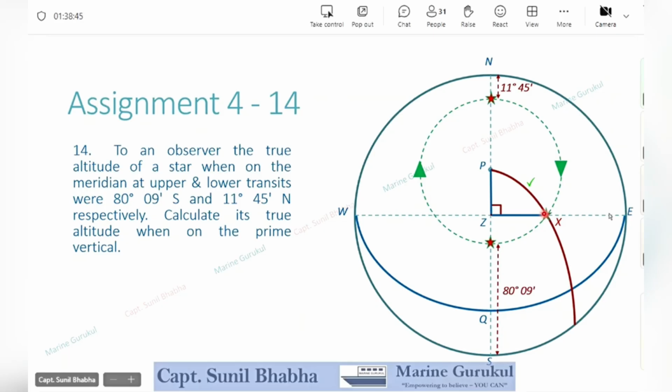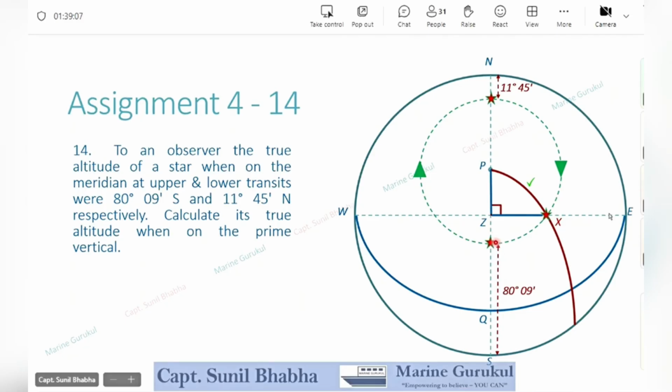So what we are going to do is, you see, we have S to this particular star, this arc known to us. We have N to this particular star arc known to us. Now I can easily find out the diameter of the declination circle of the star.